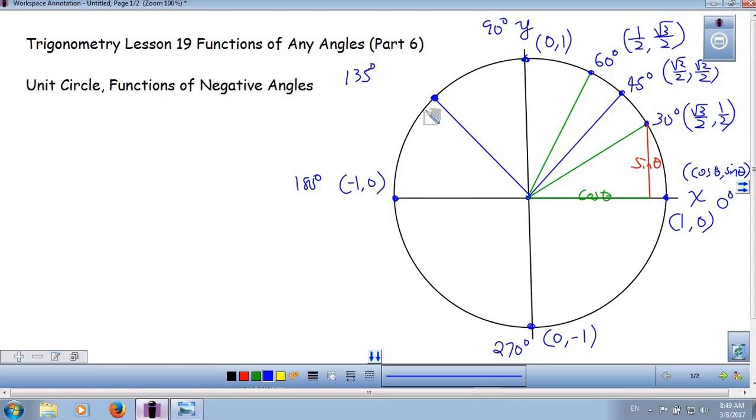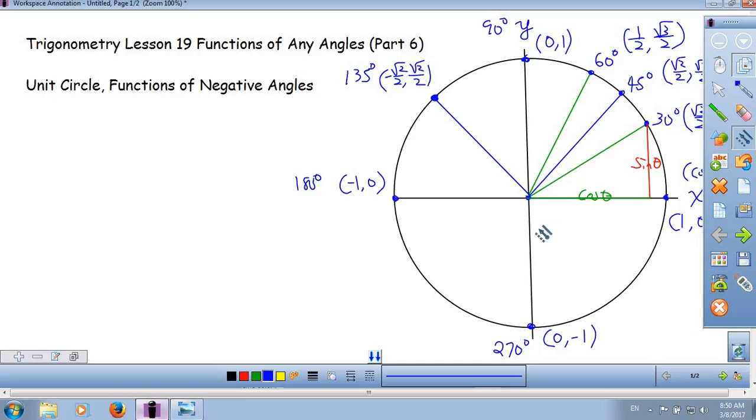So the x-coordinate should have the same value, but the sign will be different. The x-coordinate will be the same, but it will be negative. So it's negative square root 2 over 2, and the y-coordinate remains positive square root 2 over 2. Now, this agrees with what we know about the second quadrant. Remember, in the second quadrant, sine is still positive, but cosine becomes negative, so that's why it becomes negative.